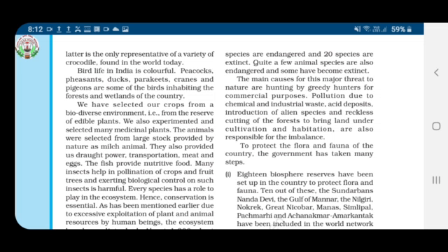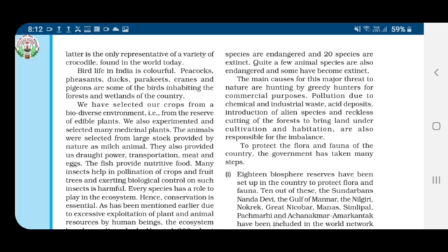So human beings are cutting trees for setting up industries, for cultivation and to build houses. These are all responsible for the imbalance.